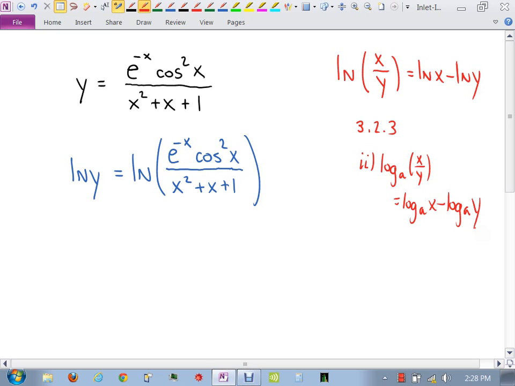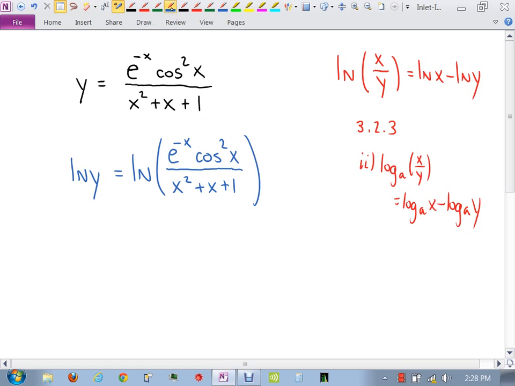So it says anytime you have a log and you have a fraction, you're allowed to take it and split it into two logs with subtraction between them. Again, this is a college algebra topic. So can't I treat this whole numerator like x and the whole denominator like y and split it into two logs using that property?